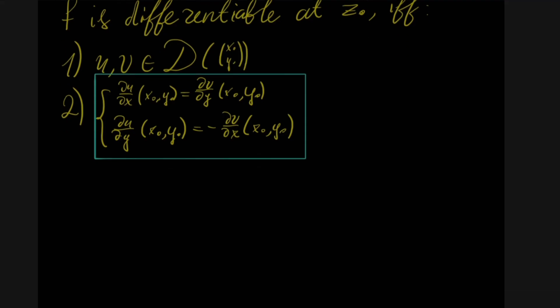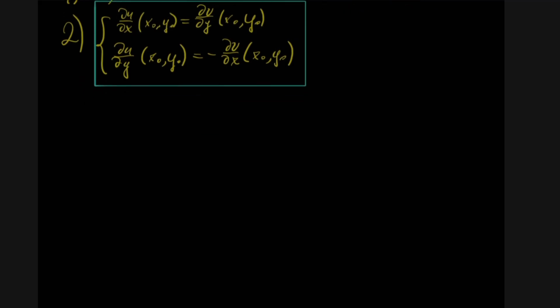Please take notice, this is extremely important. While continuous functions were pretty much equivalent to the continuity of u and v, here the differentiability of complex-valued functions is not at all equivalent to the differentiability of u and v, because we also need the Cauchy-Riemann equations to be satisfied. Okay.